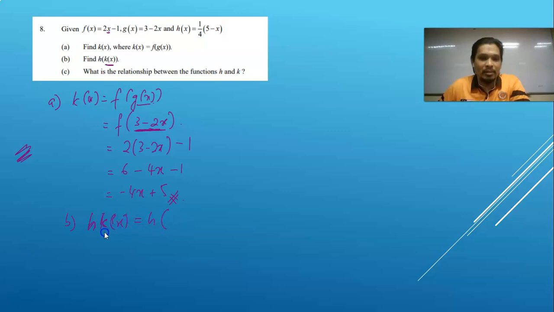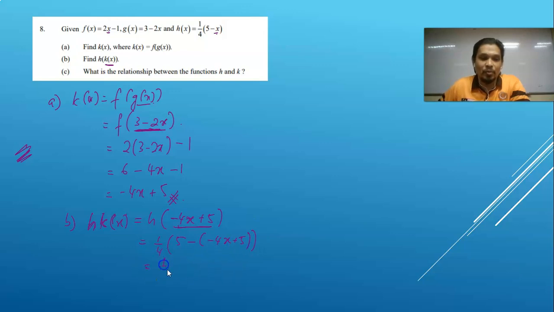First of all, write down the function k(x). k(x) is negative 4x plus 5. Now, substitute the whole function into the x of the function h. So it is 1 over 4 times (5 minus x), where x is substituted with negative 4x plus 5.